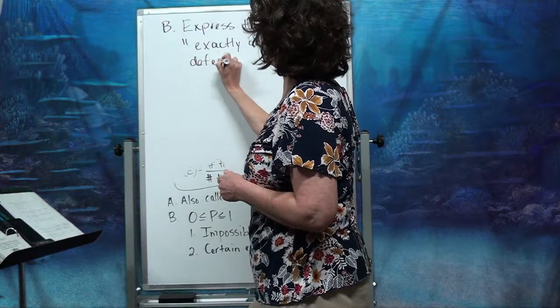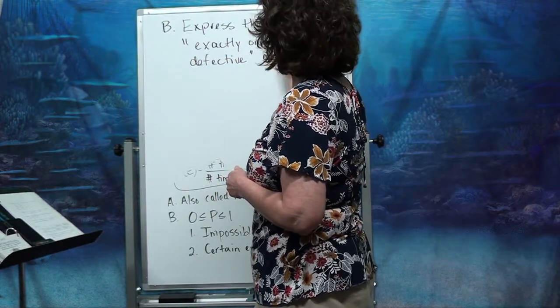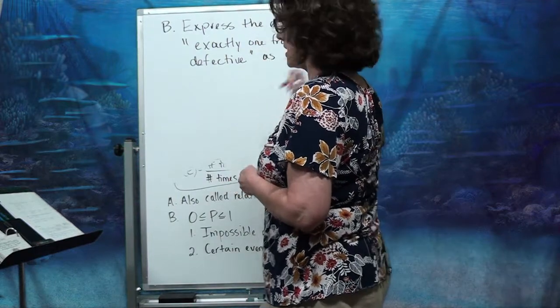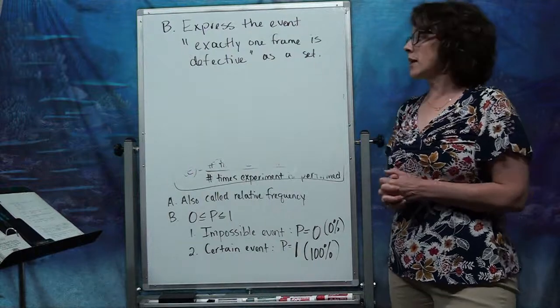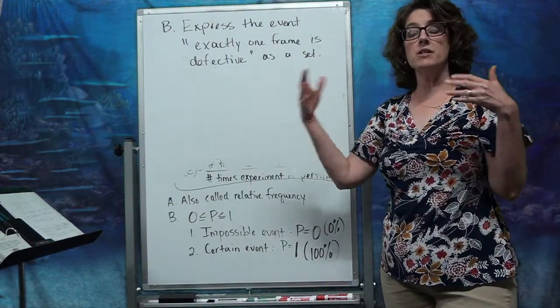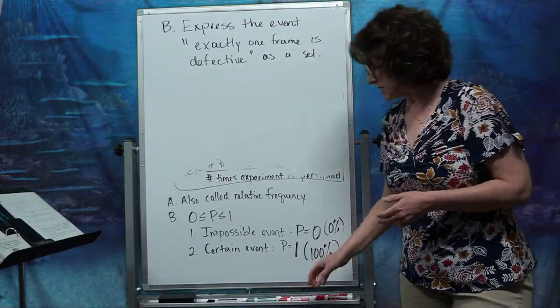One and only 1 frame is defective, no others are. And we want to express this as a set. So in other words, list out the sample space for this particular event. Exactly 1 frame is defective.